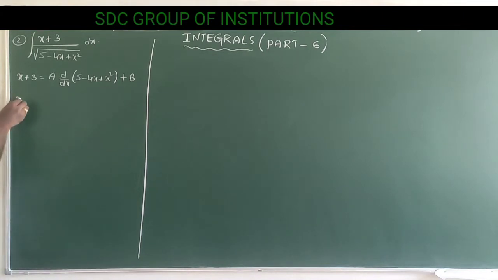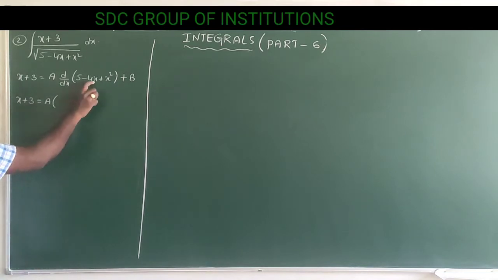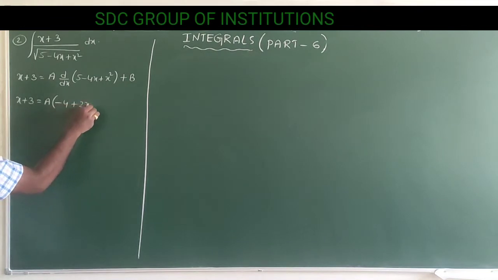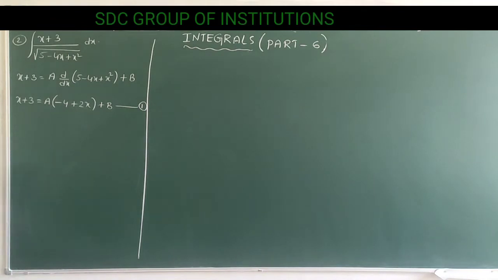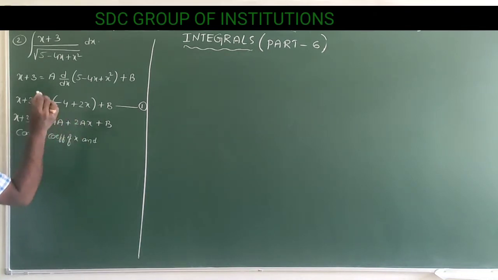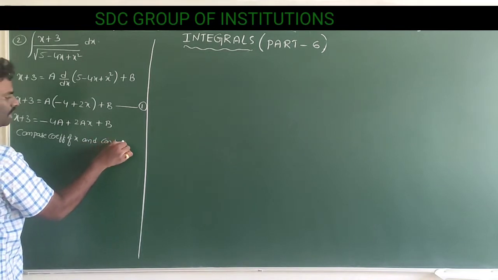Okay. Now x plus 3 is equal to a into the derivative of 5, which is 0, the derivative of minus 4x, which is minus 4, and the derivative of x square, which is 2x. This is equation 1. Now x plus 3 is equal to minus 4a plus 2ax plus b. Compare the coefficient of x and the constant on both sides.